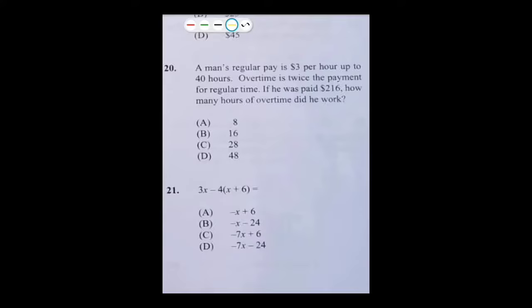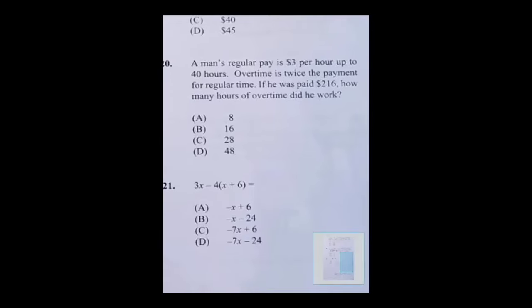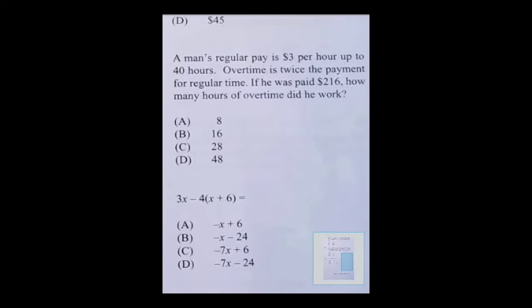So looking at our question, the first thing we need to do is find out how much exactly was paid for regular work, and another thing we need to do is find out how much he's going to be paid for overtime. So we know he's going to be paid $3 per hour, and that is for his regular 40 hours.